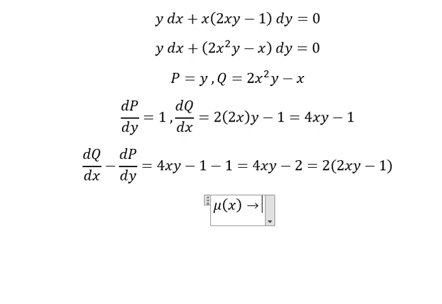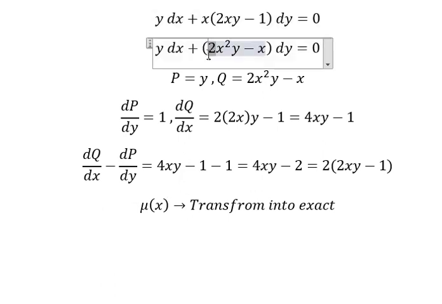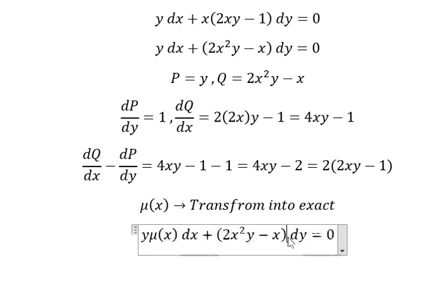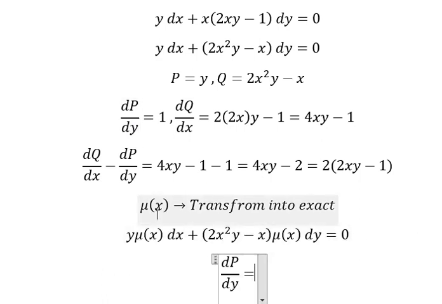And now we need to transform into exact. That means we multiply both sides by mu x. So we want to find mu x to make sure that we can transform into exact.